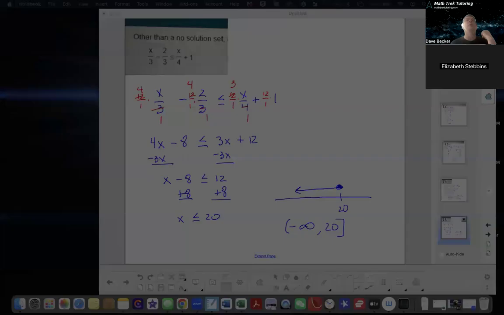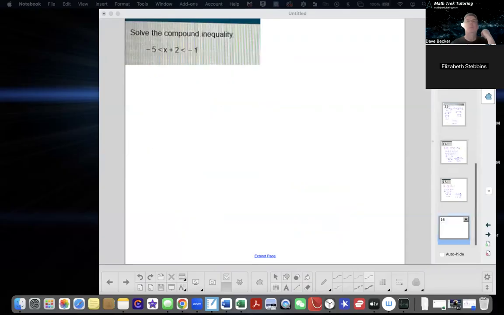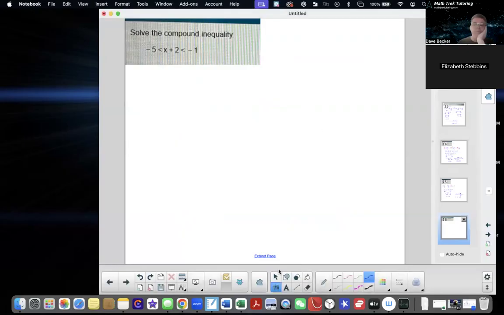Yay, compound inequalities. Yes. No. Can wait, Grayson.